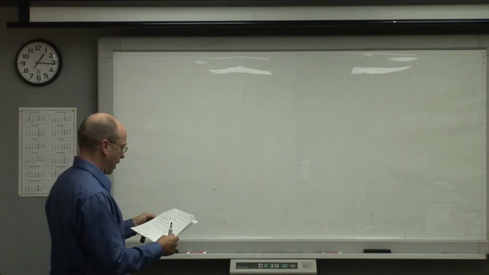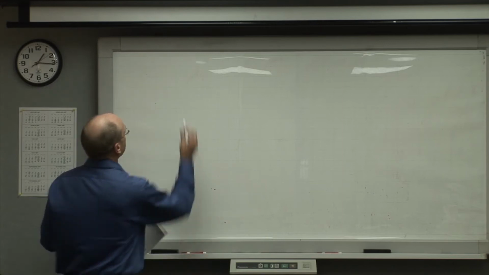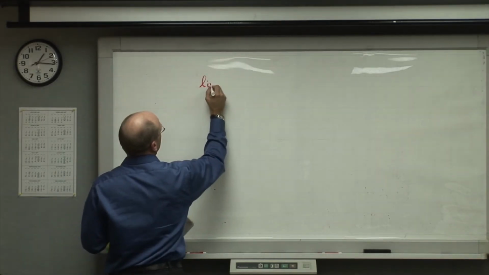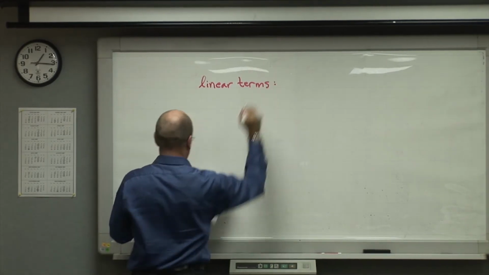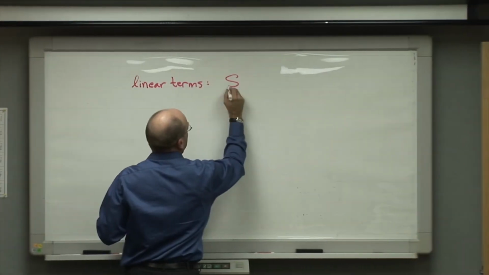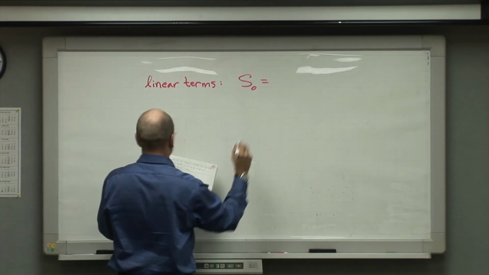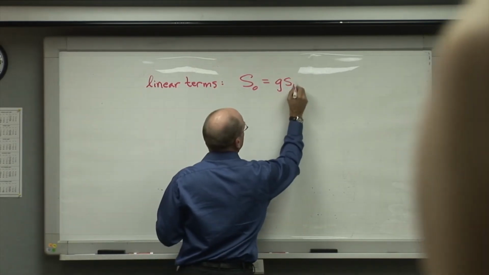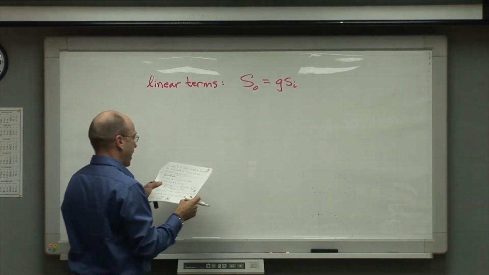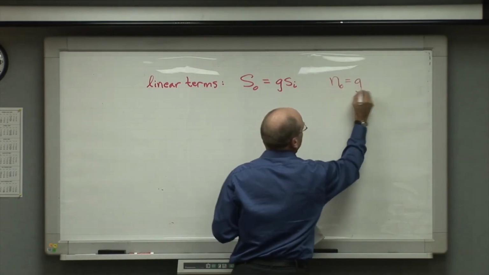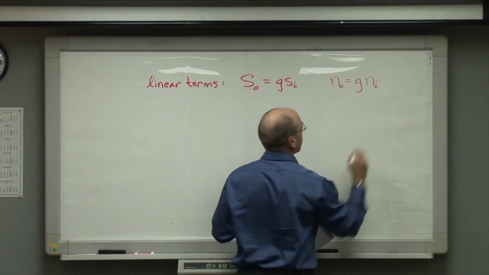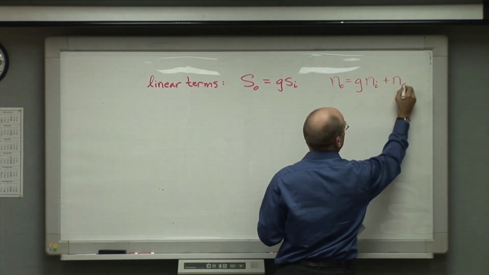Okay, so, going back to linear terms, the signal out level is going to be equal to G times the signal input level, and the noise output level will be equal to G times the noise input level plus NA.